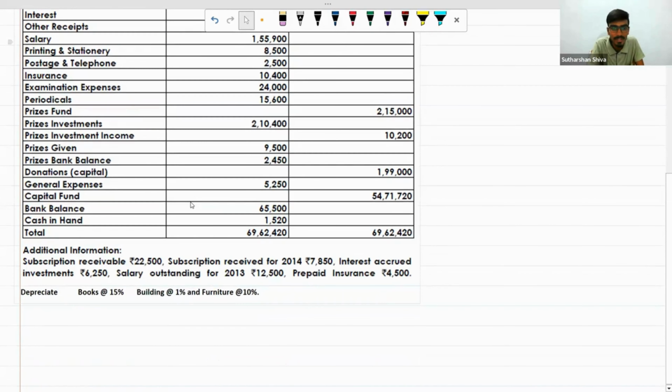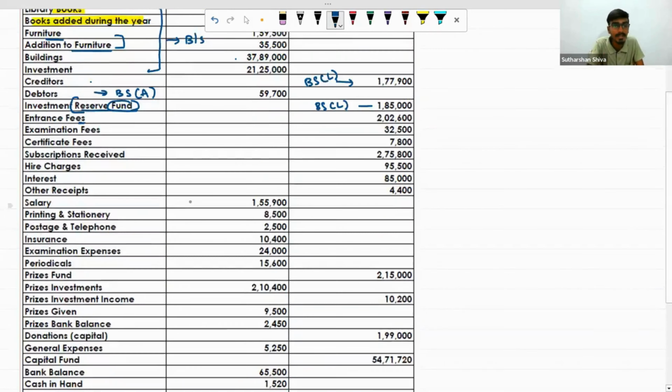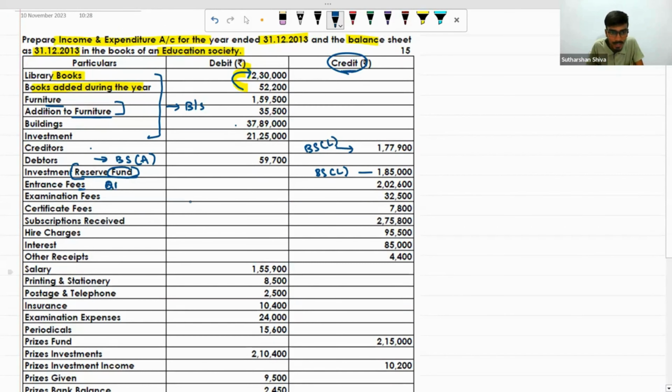Is there any information available? We'll check. No, none of the information is available. Here, the question remaining silent, you should answer that it should get capitalized. If it is capitalized, what I need to do is add it to my capital fund.